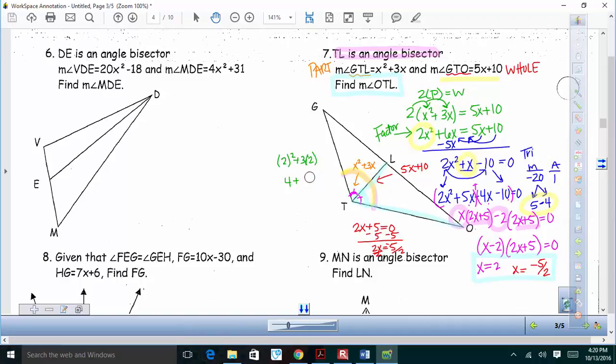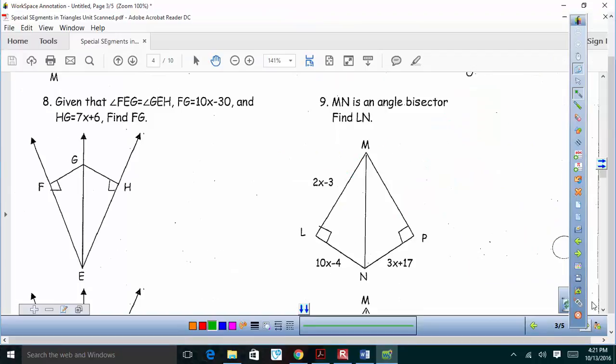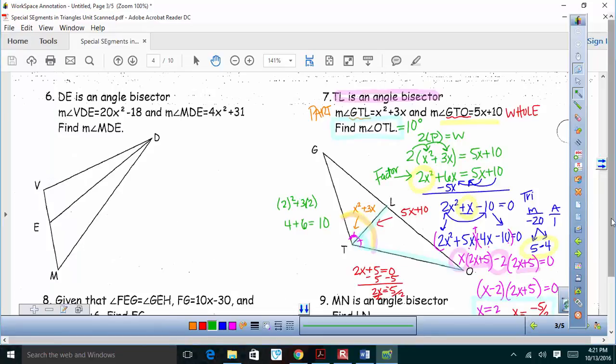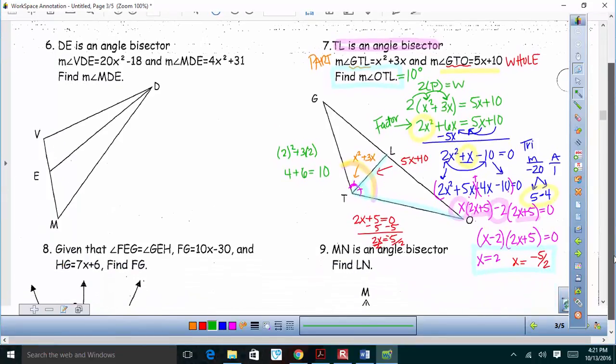So this would be plus 6, and so that's going to equal 10. So OTL equals 10. Okay, I'm not going to make you plug in the fraction. We'll just leave this as 10 degrees. All right? Hold on, let me go back, make sure you had time to write that down.